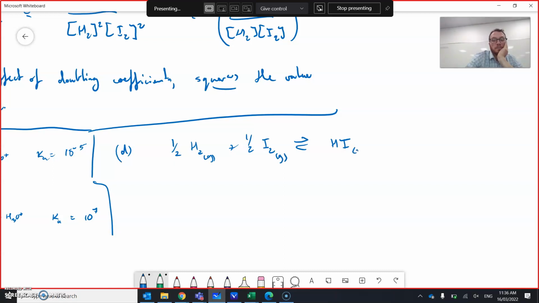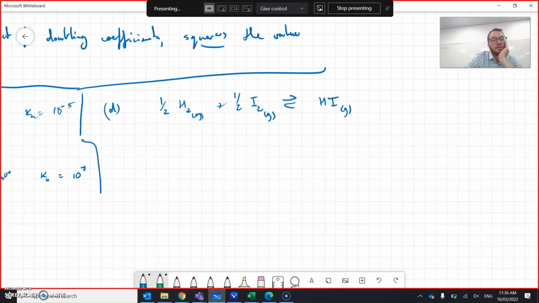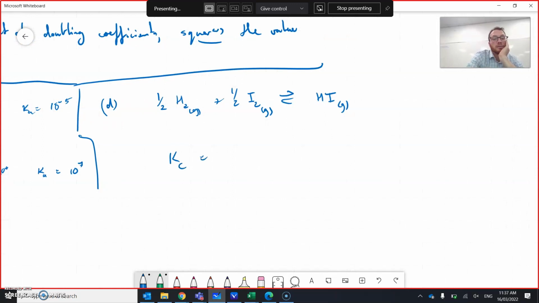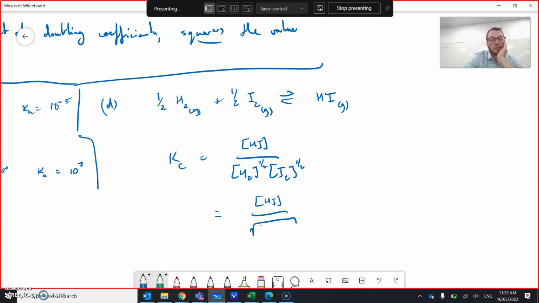Yes, exactly right. Anything to the power of a half is the same as the square root. So the expression for this would be HI over H2 to the half times I2 to the half, which is the same as HI over the square root of H2 times I2, which is the square root of HI squared on H2 I2.